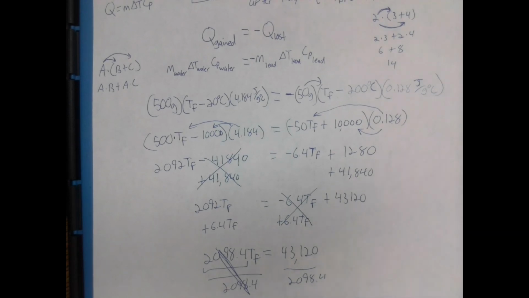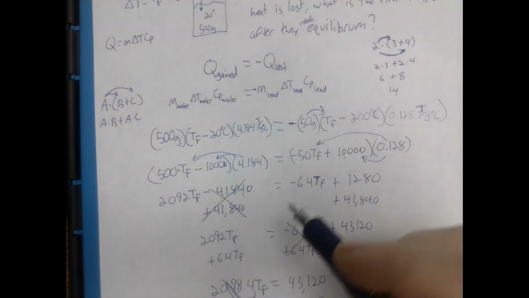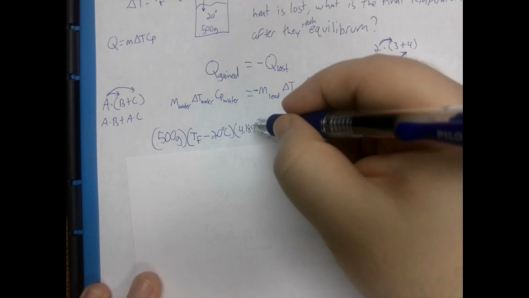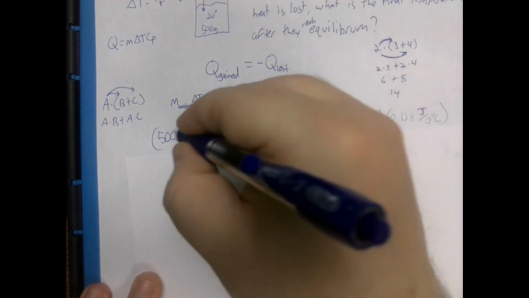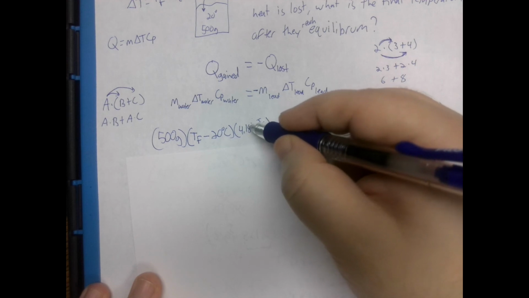Again, the main thing is algebra. Boiling it down, making sure you don't make a mistake in the process. It might be easier to have worked it out like this, so you can redo any multiplication. We could have done the 4.184 times 500 first.